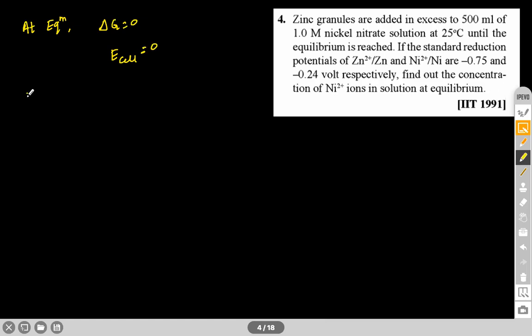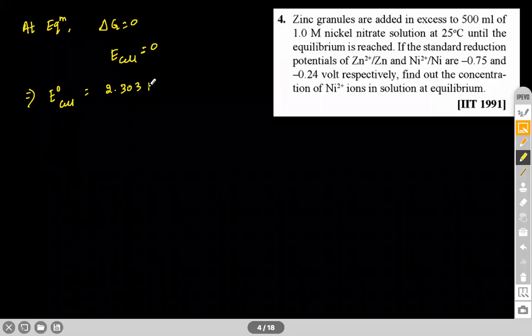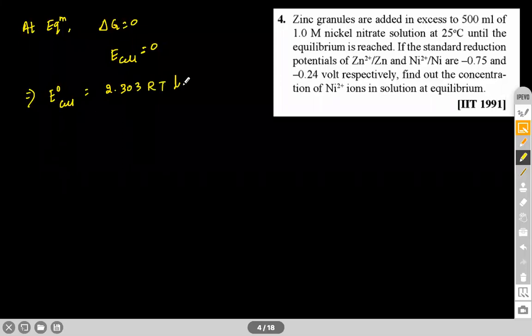And we can write E naught cell is equals to 2.303 RT log Kc, equilibrium constant. Okay. So now you see E naught cell we can find out.